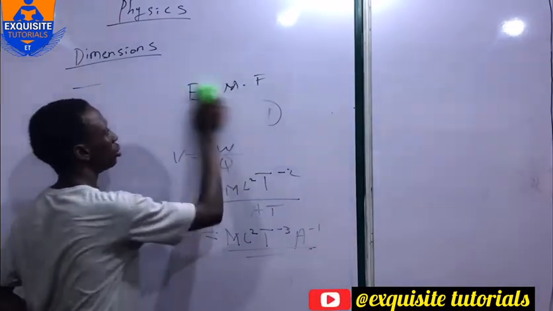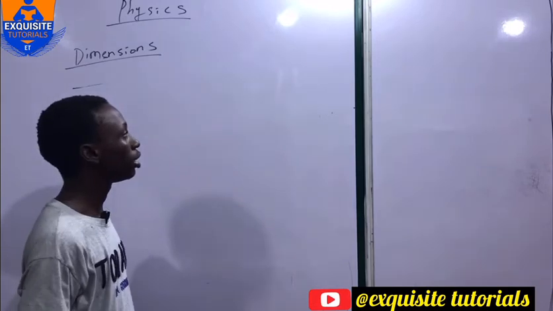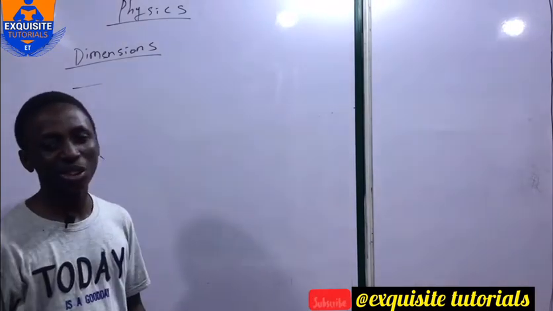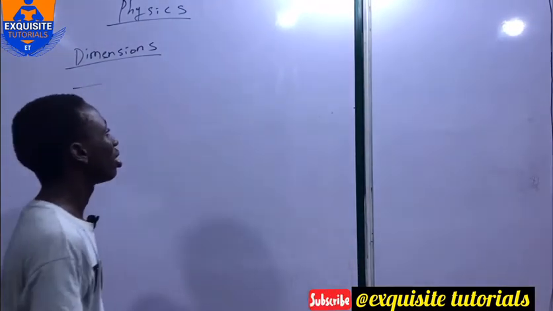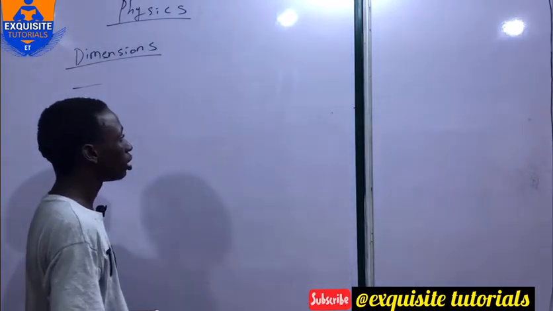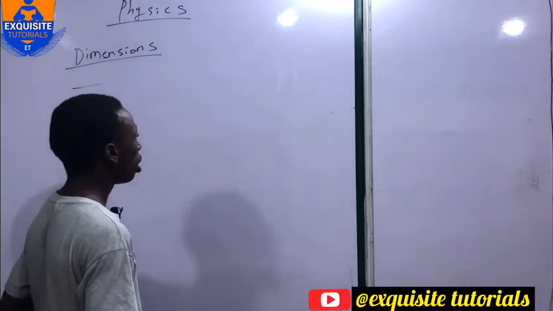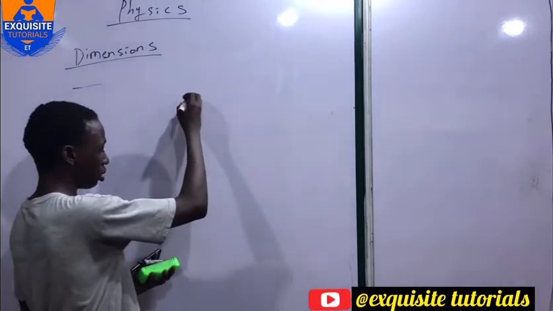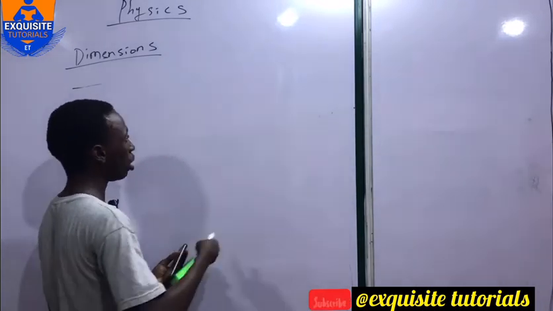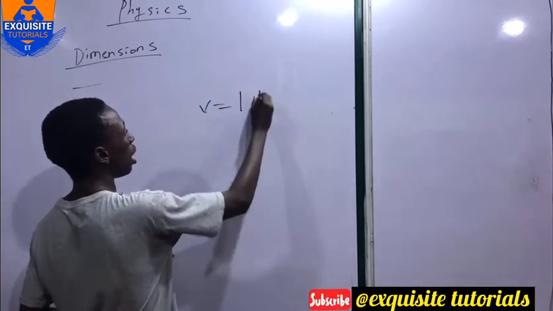Let's take other dimensions, let's say we're taking the dimension for a quantity like resistance. What is the dimension for resistance? Resistance can be represented with the formula V is equal to IR.